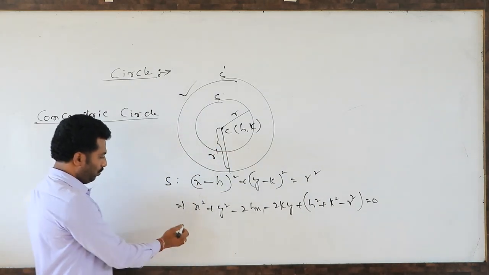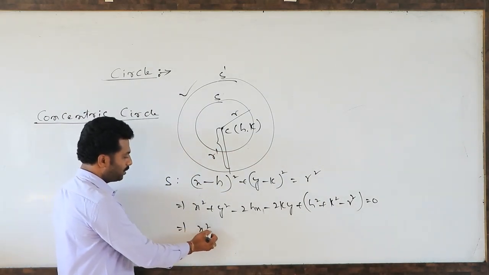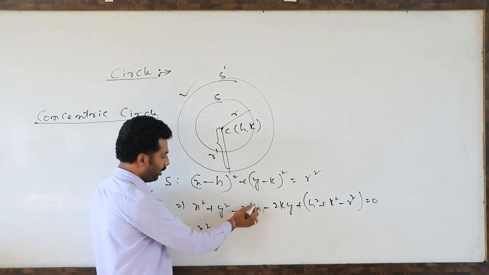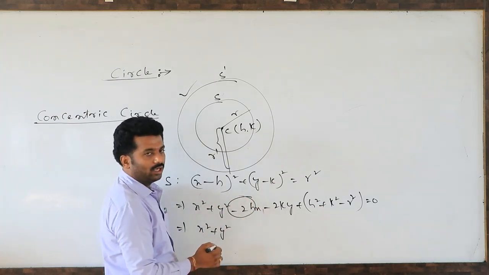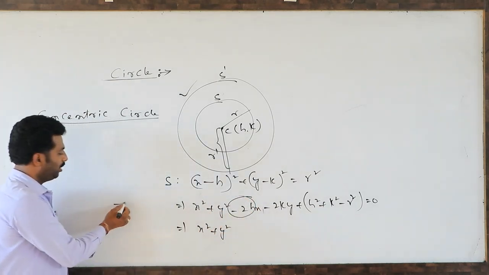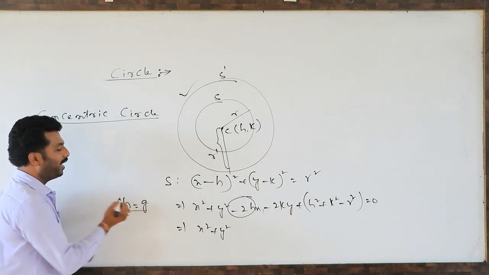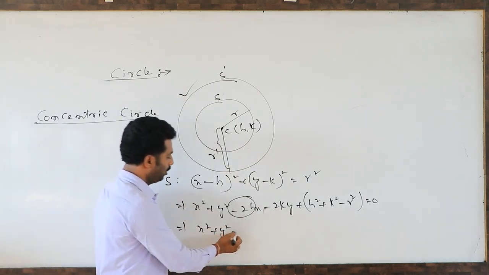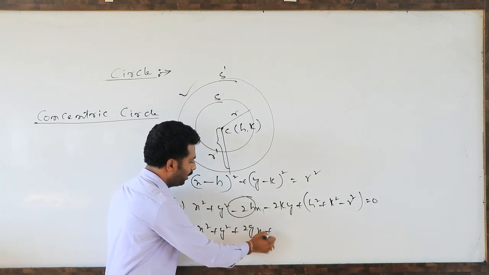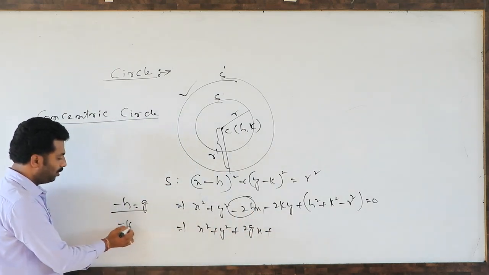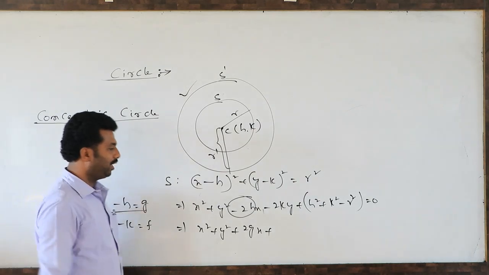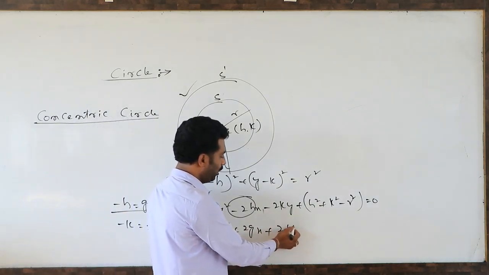So very clear what I am writing here. This is x square plus y square minus 2h, is there only, no? So minus h, we are assuming as g. So that is plus 2gx, minus k is there only, no? That is f I am taking, that is 2fy.